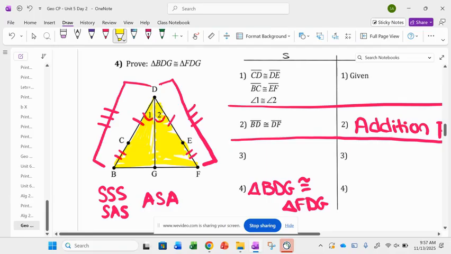We have from the given angle 1, angle 2. So that's just one side and one angle. We need another something. So Leilani said, see how DG is the same side in both the triangles? We say anything is congruent to itself. So we are going to put an X here and say that DG is congruent to DG, and that's the reflexive property.